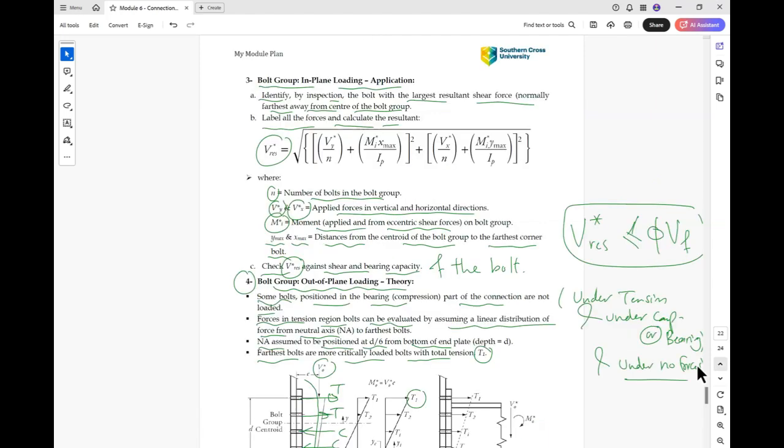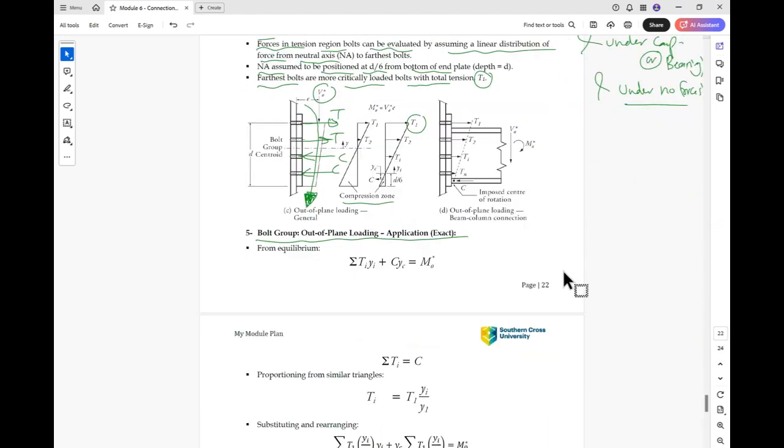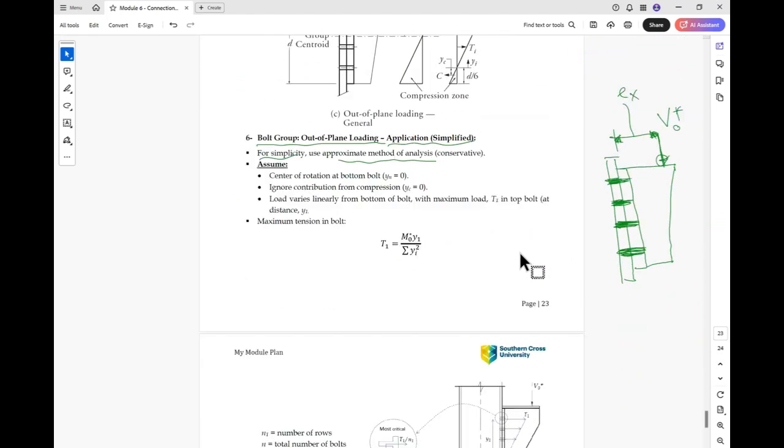So the applied moment here, in this case, M star will be V star O times EX again.